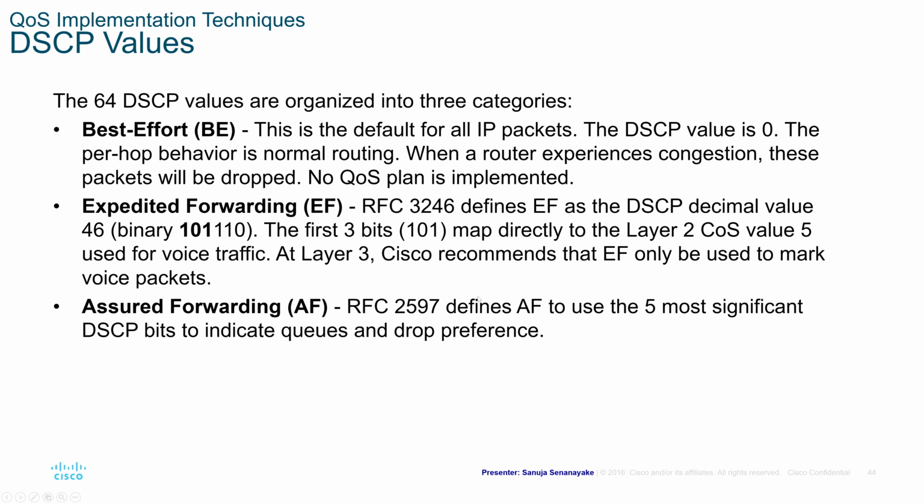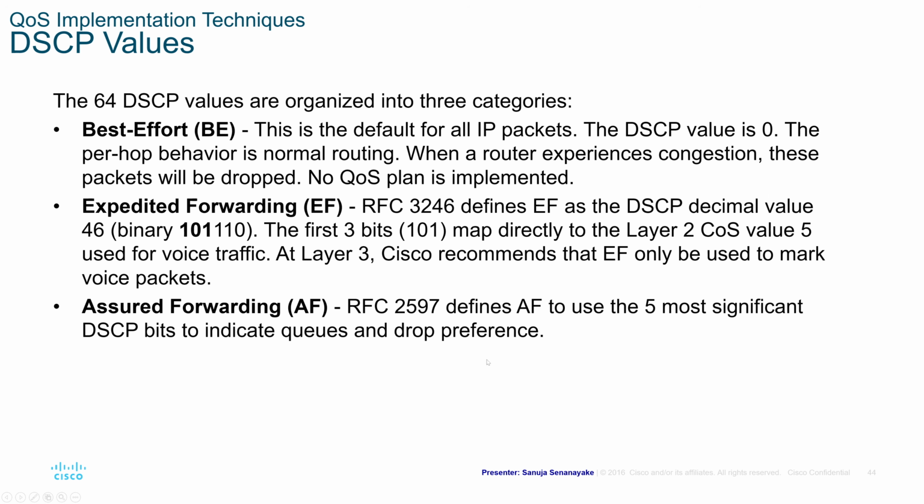At layer 3, Cisco recommends the EF only be used to mark voice packets. So remember that. So best effort is pretty much no QoS, and expedited forwarding EF uses the RFC 3246.